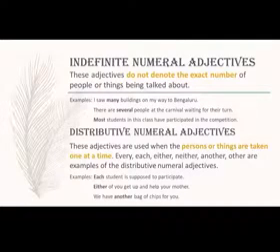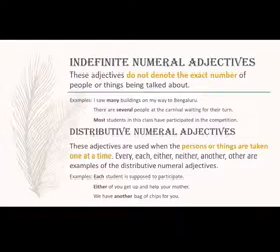Or, most students in this class have participated in the competition. Students again is a countable noun, and when we do not know the exact number, we have used an indefinite numeral adjective. We need to remember that it may be indefinite, yet it is talking about the countable nouns, as these are numeral adjectives.